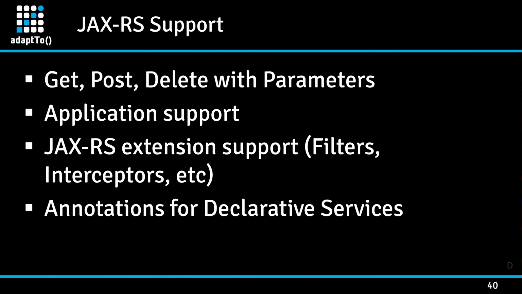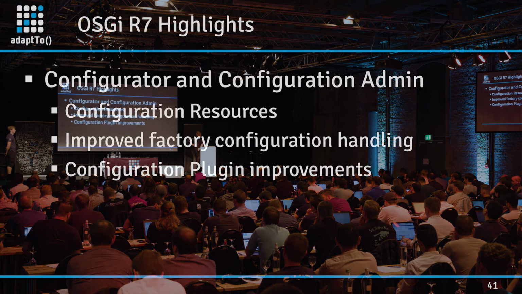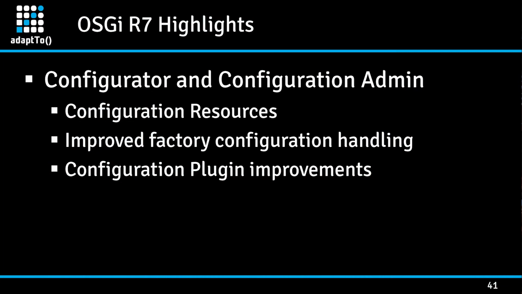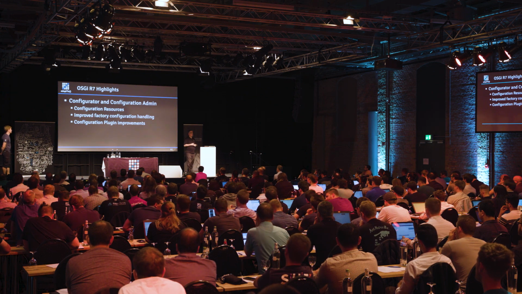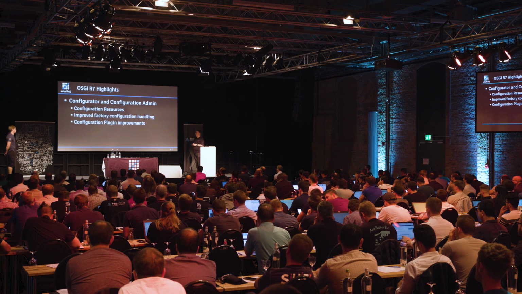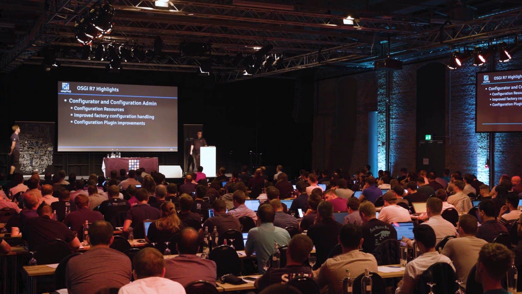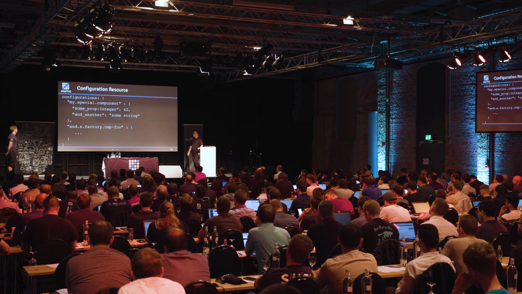Okay. And final piece, we did some updates to the configuration admin to do some things nicer. But especially, we came up with a new specification, which is a configurator. And that one now defines a common format to specify a configuration in textual representation, which is based on JSON and looks basically like this.